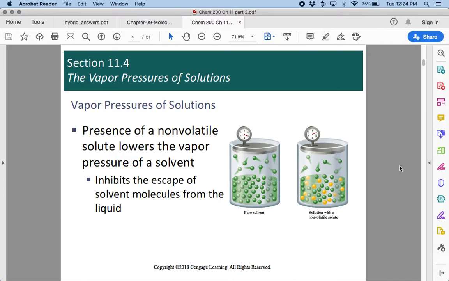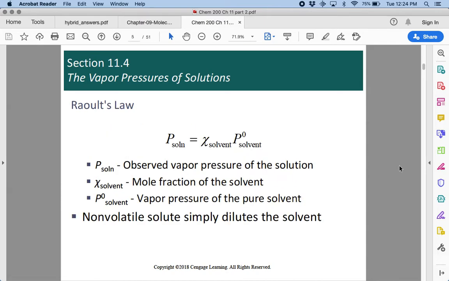Obviously, the vapor pressure is going to be dependent on how volatile the solutes and the solvents are, and that is dependent upon things like intermolecular forces.